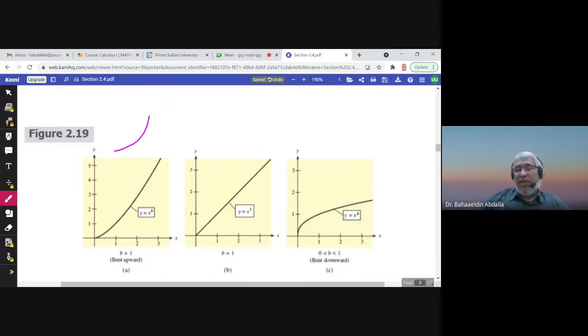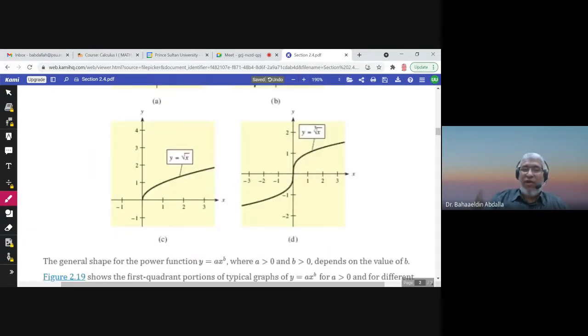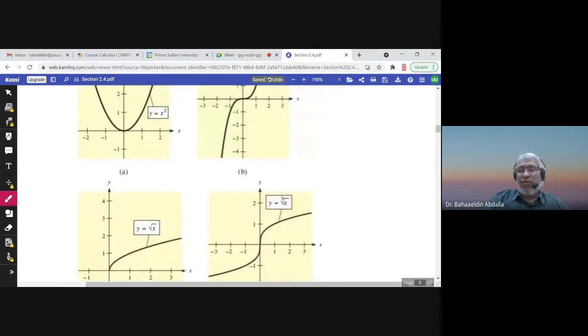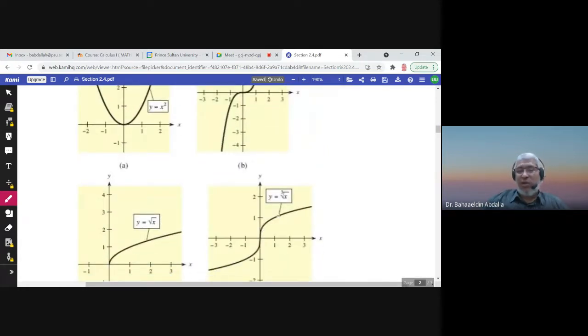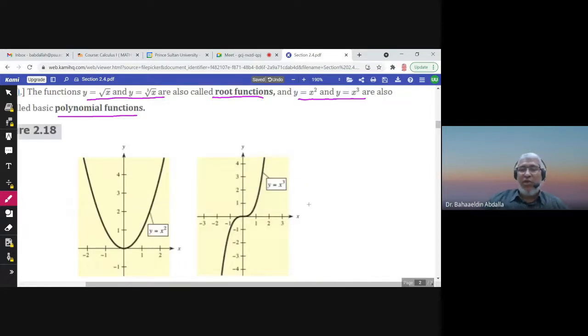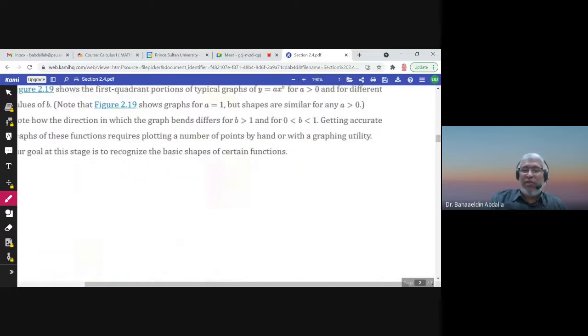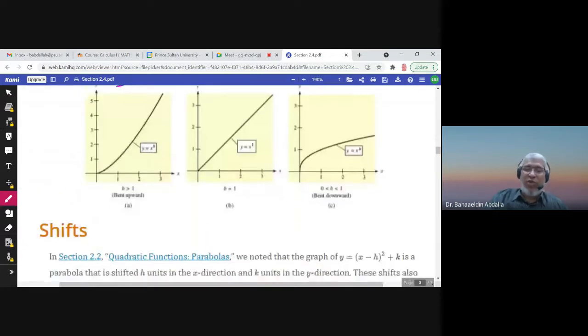If b is less than 1, between 0 and 1, they are concave down like this. So they bend downwards. This one upwards, concave up; this is concave down. This is also a difference between the graph of the root functions and the polynomials. See here, concave down. Here, concave up. So put in your mind this difference between the root functions and the polynomial functions.